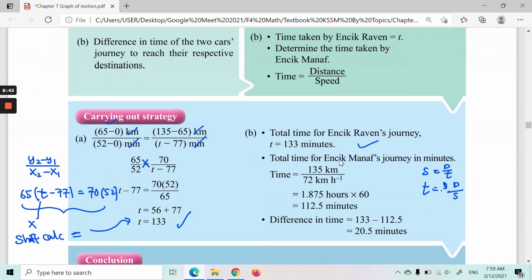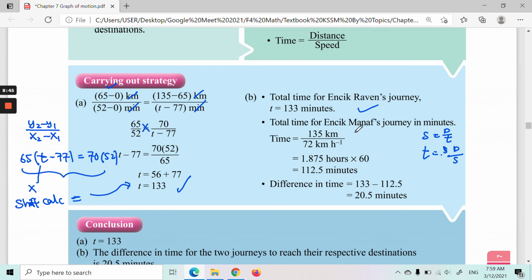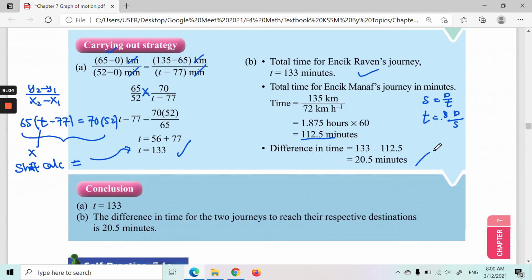Because you want to calculate for Encik Manav, total distance is 135, average speed is 72. So calculate it, then you get 1.875 hours. You want the answer in minutes, right? So you need to multiply by 60, getting 112.5 minutes. Then just subtract it, and you get the difference.